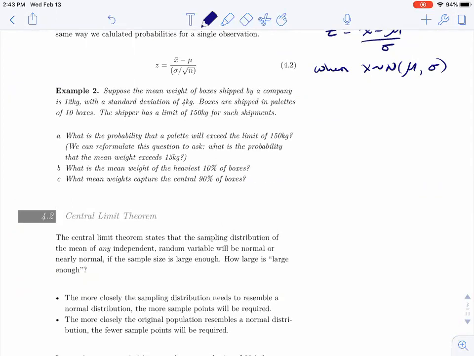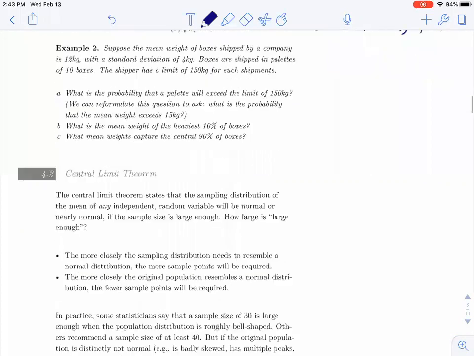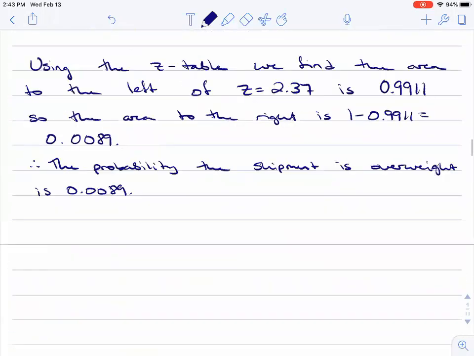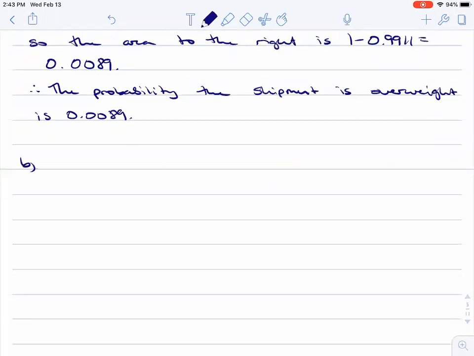What is the mean weight of the heaviest 10% of boxes? So the heaviest 10% of boxes, if we had to draw it out, it's still centered on 12, and sigma is still 4.